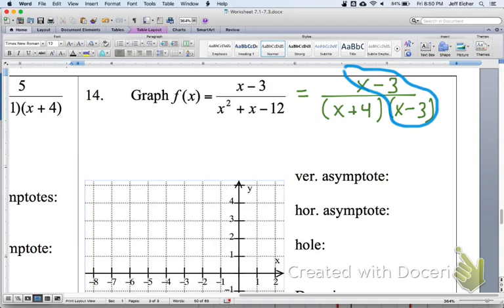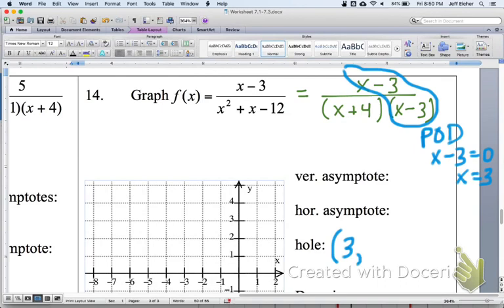And anytime you have a factor like this divide out, this tells you the location of a point of discontinuity. The point of discontinuity would be when x minus 3 equals 0. So at x equals 3, there's a point of discontinuity. That's the hole in the graph, at 3 comma somewhere.